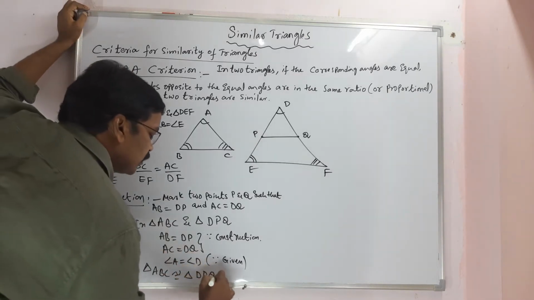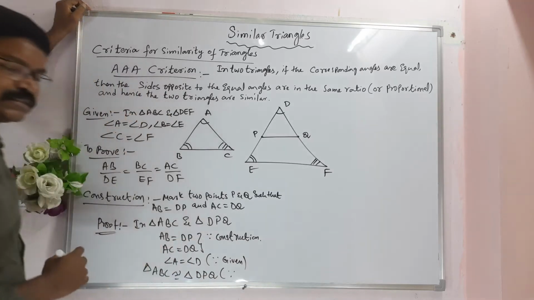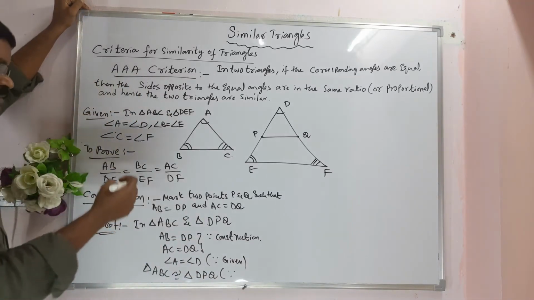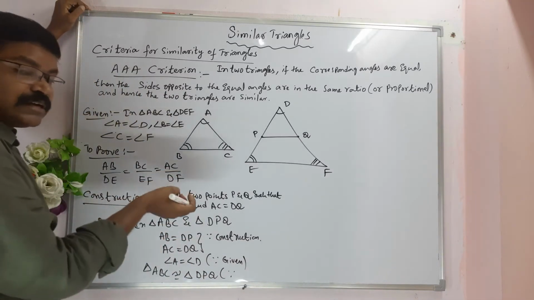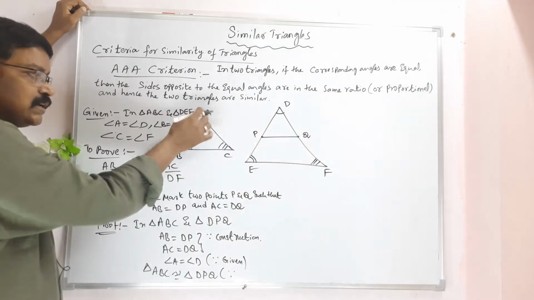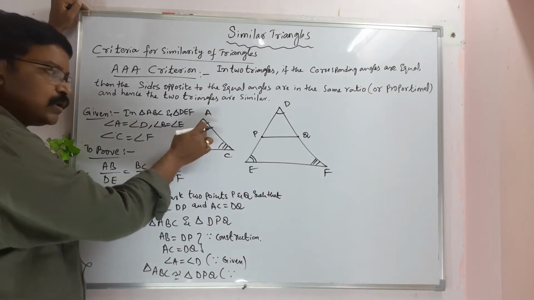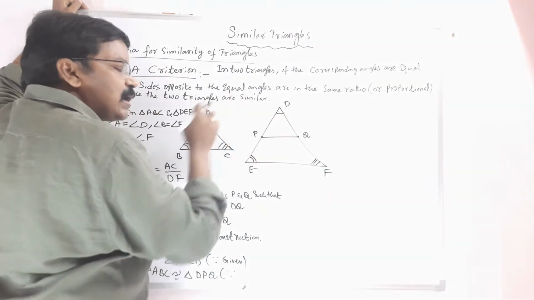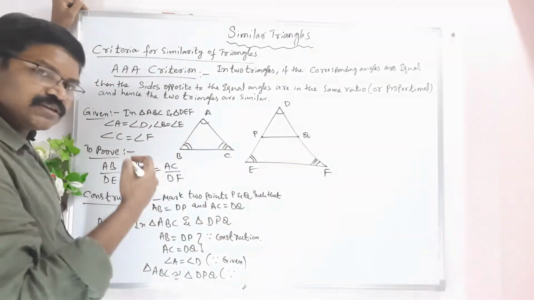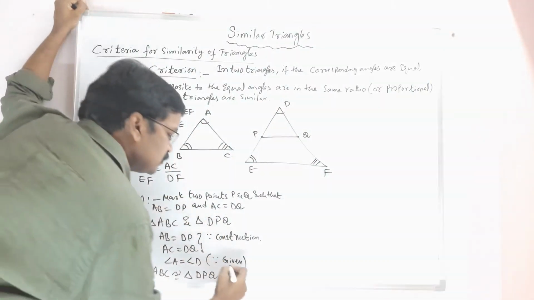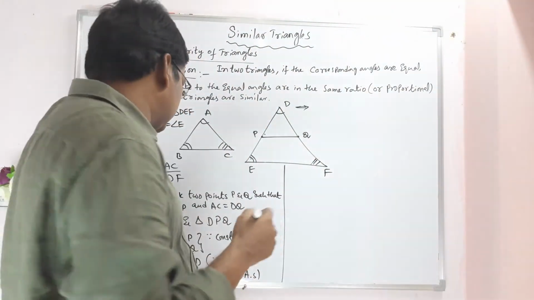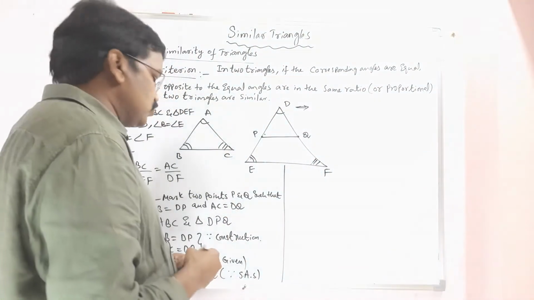Why are they congruent, my dear students? Since SAS, two sides and one angle. Here 2 sides and 1 angle are respectively equal to 2 sides and 1 angle of the other triangle. So they are congruent according to the SAS congruency rule.